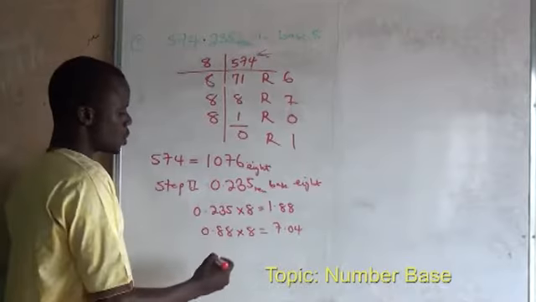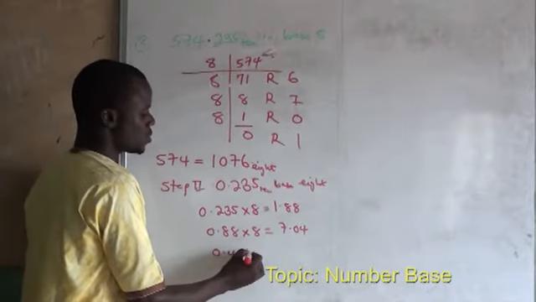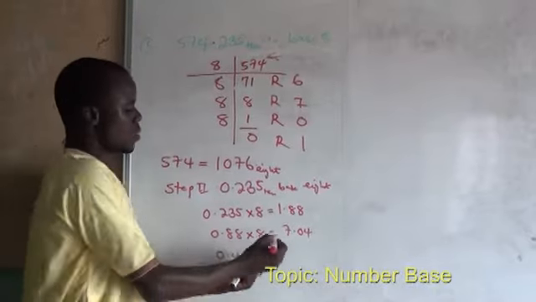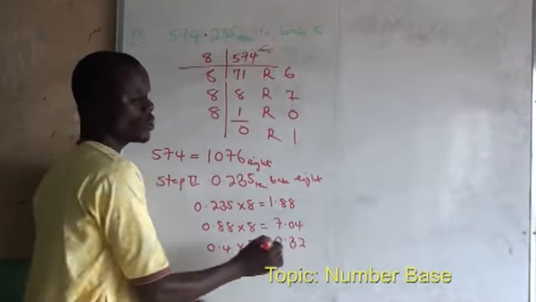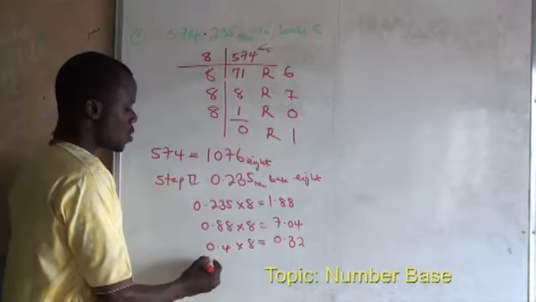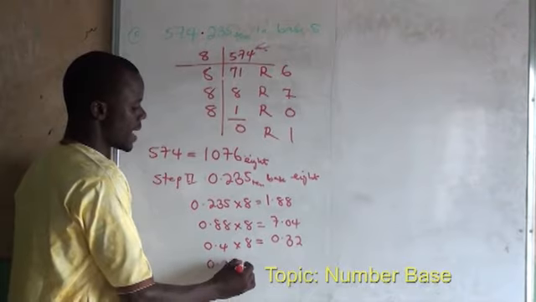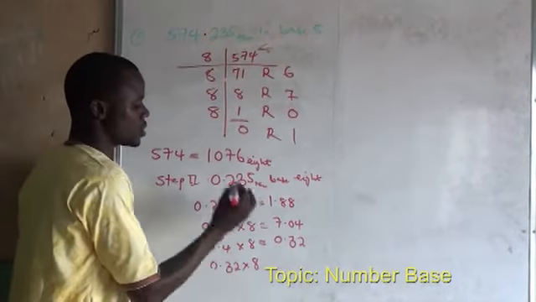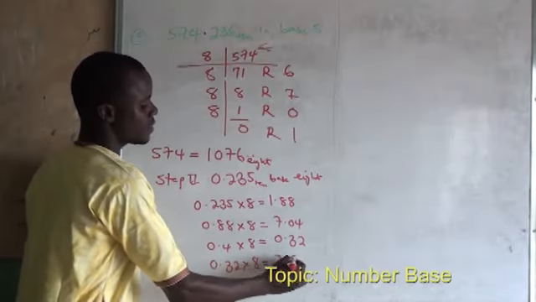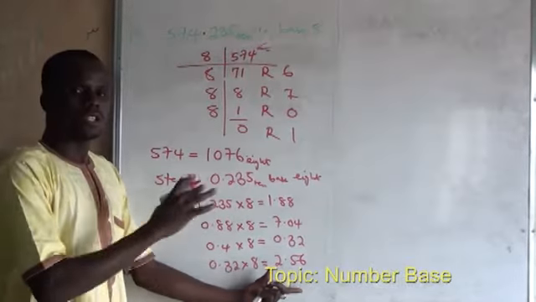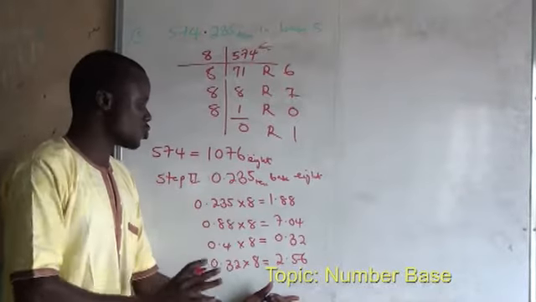And we continue to take 0.04, then we also say times 8, where we have 0.32. Then we take 0.32 and multiply by 8 again, we have 2.56. This is how to take it. It depends on how you want the answers to be.